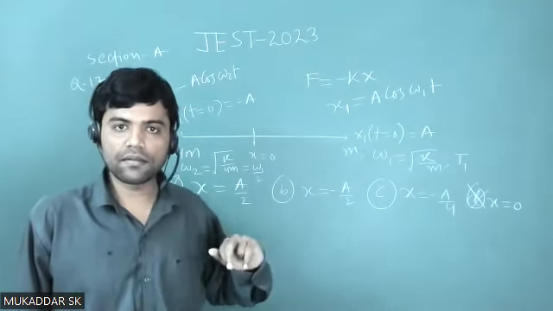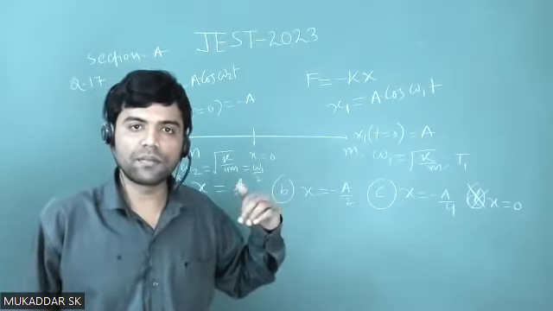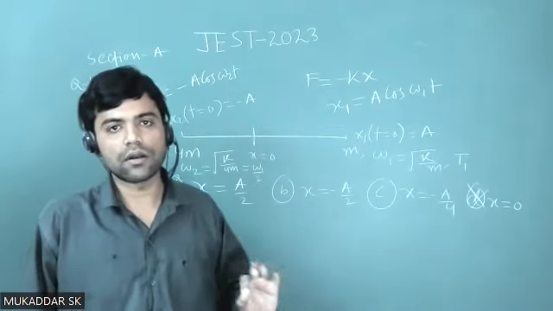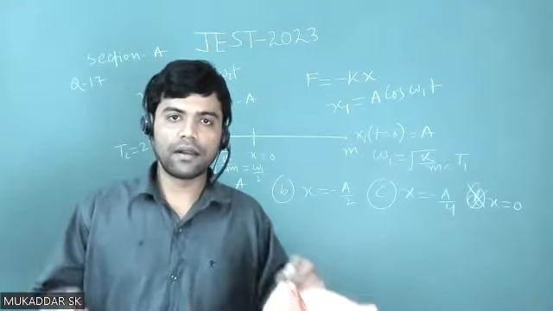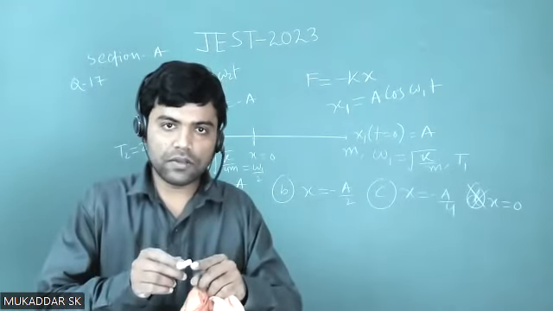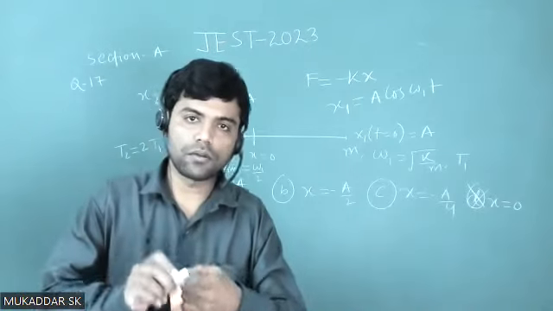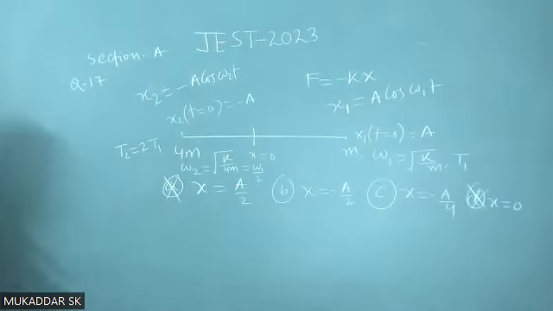If the times match, it means at this position a collision will occur, because both particles are at the same position at the same time. Of course there will be a collision. So let us check one by one.